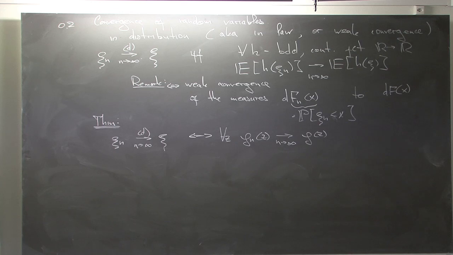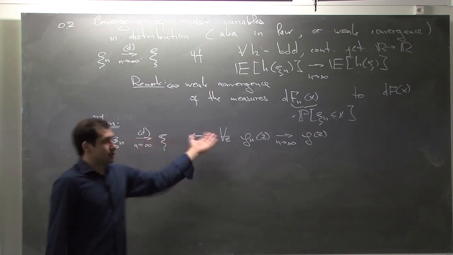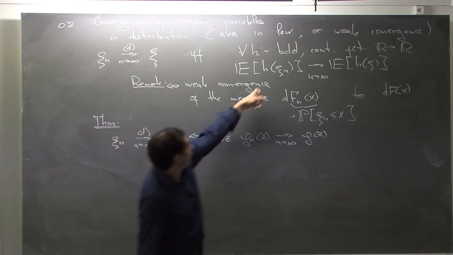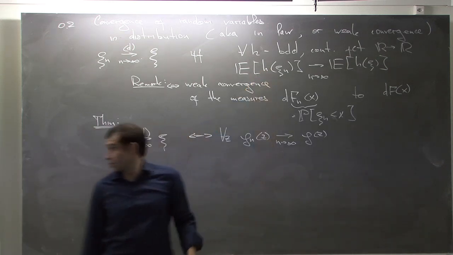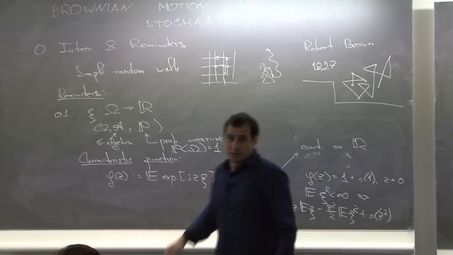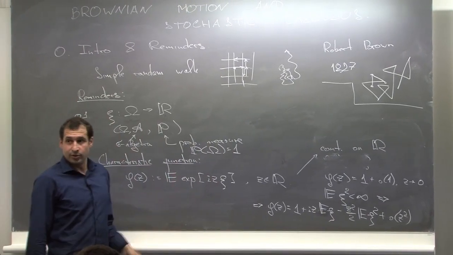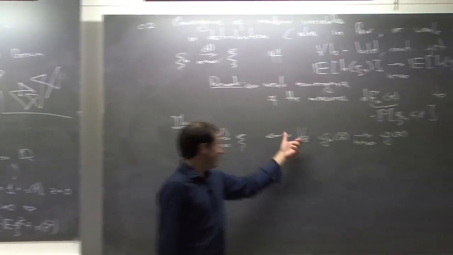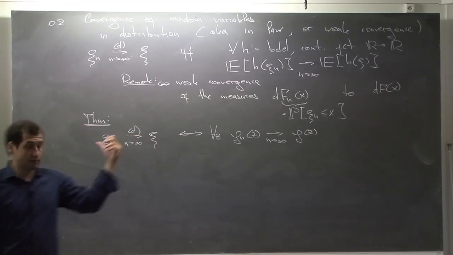Okay, from left to right, this is just a part of the definition, because what I play with, this h, is just the continuous bounded function here. So I just take this exponent and that's it. So the meaningful part of the theorem is the inverse implication.